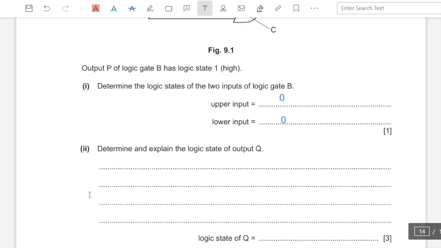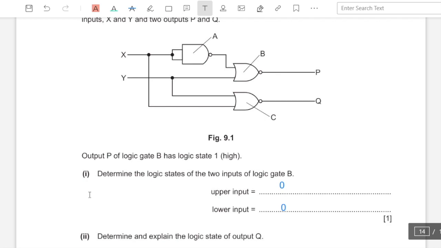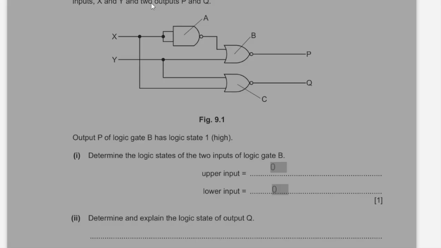Determine and explain the logic state of output Q. I'll start by labeling the inputs over here. This is a 0 and this is also a 0. Right, this is a NAND gate, which means an opposite of an AND gate. So the only case that it is going to be 0 is when it has both of the inputs as 1, because this is the exact opposite of an AND gate.